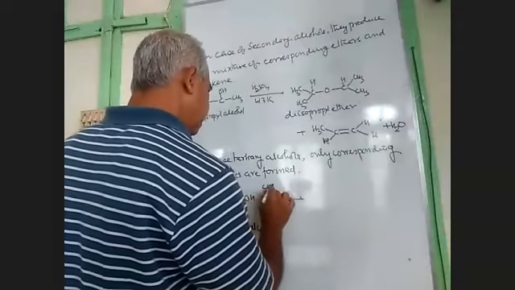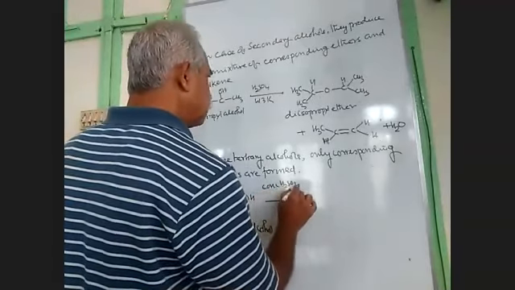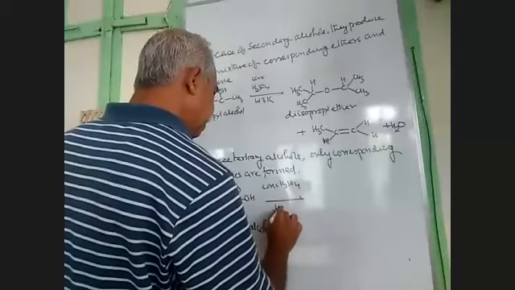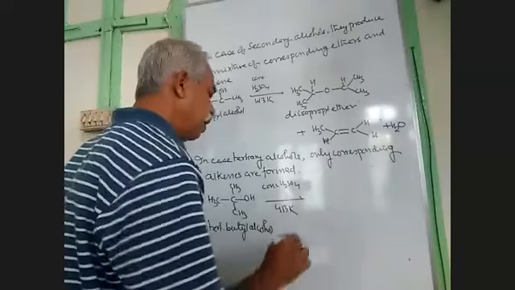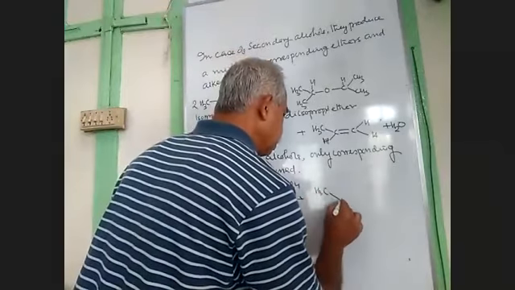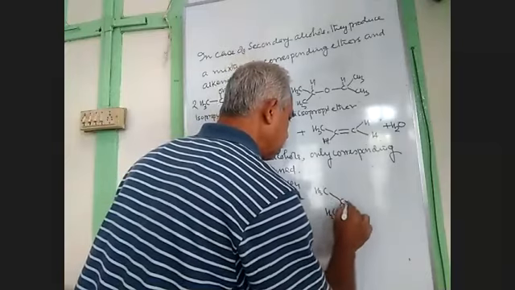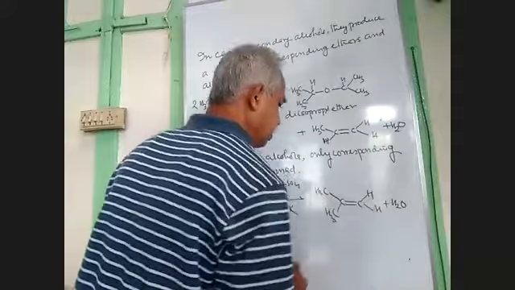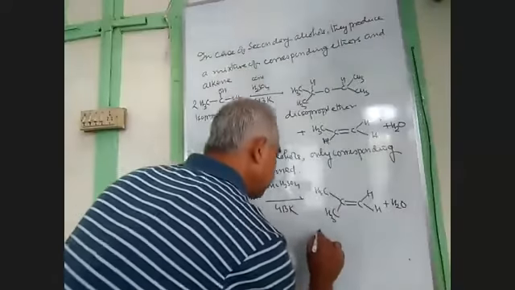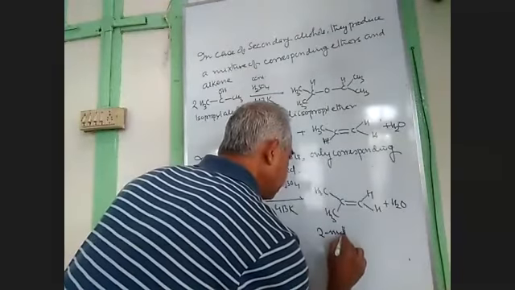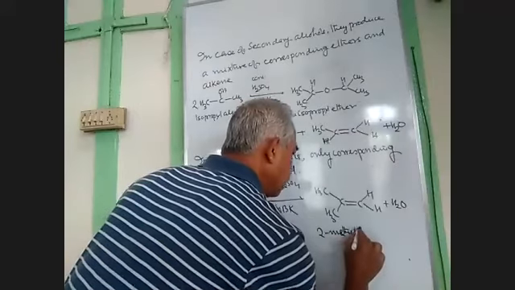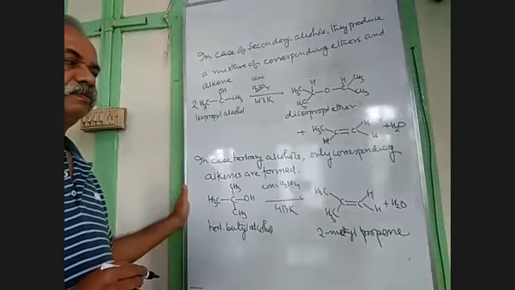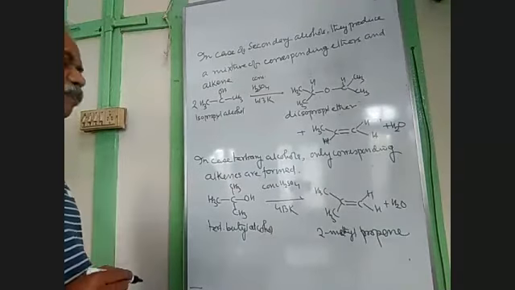So if I react with concentrated H2SO4, and heating at 413 Kelvin, not a single molecule of ether is going to form. You get here this plus this. It is called 2-methylpropene. You get 2-methylpropene. All right. So this is the problem.